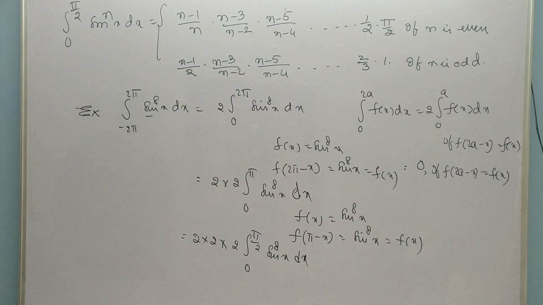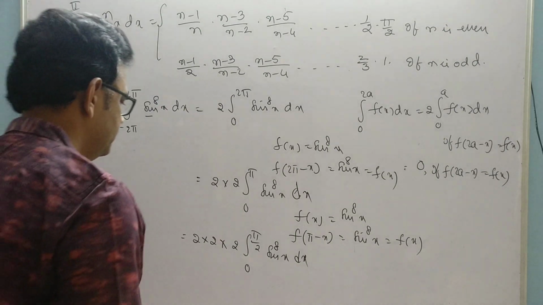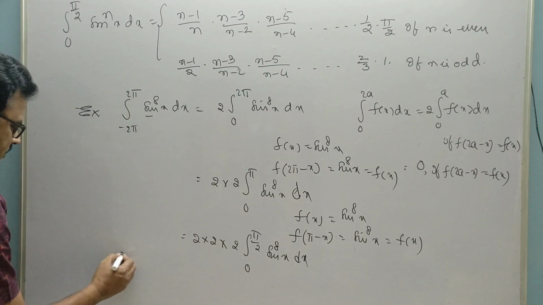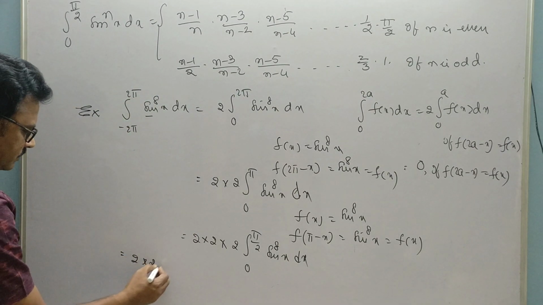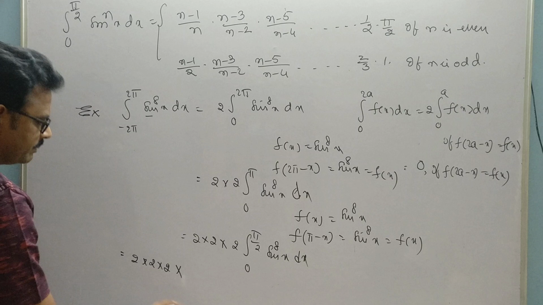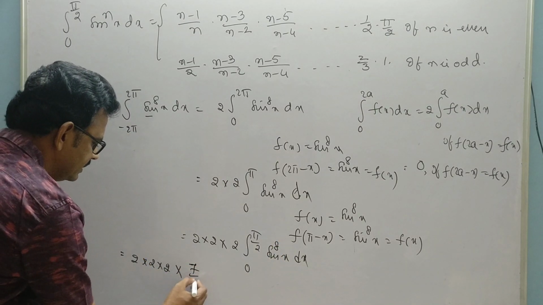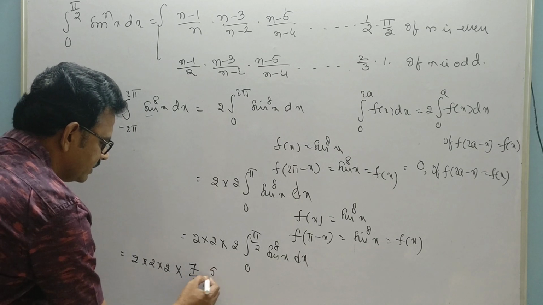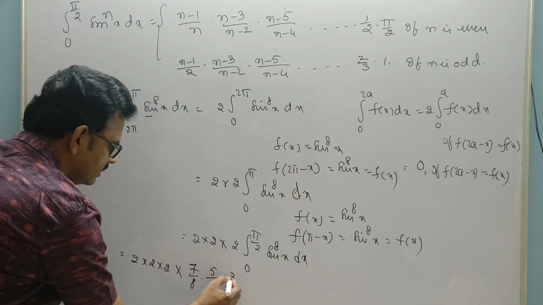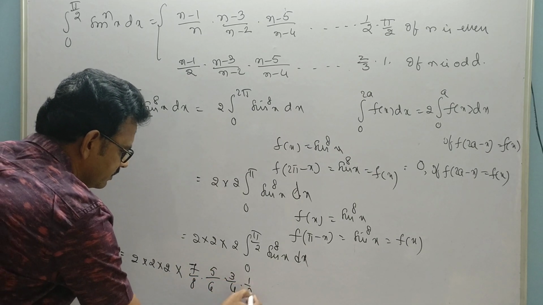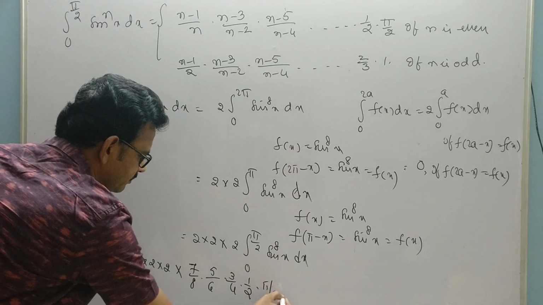Now that is the standard form, 0 to pi by 2, equal to 2 into 2 into the expansion: (n minus 1) by n, 7 by 8 into 5 by 6, 3 by 4, 1 by 2 into pi by 2.